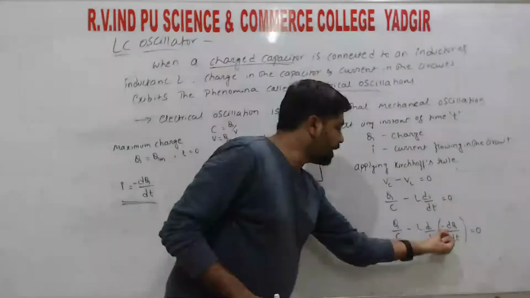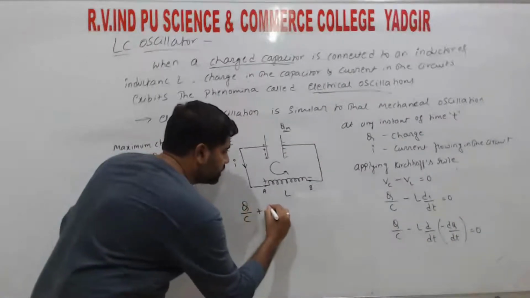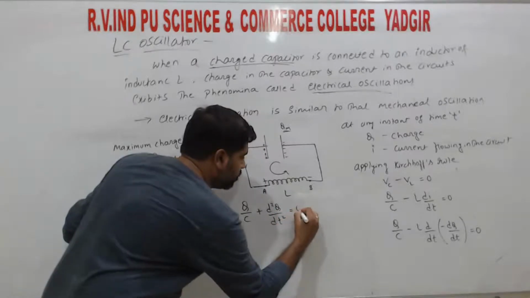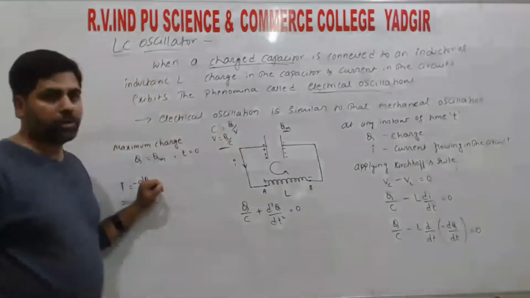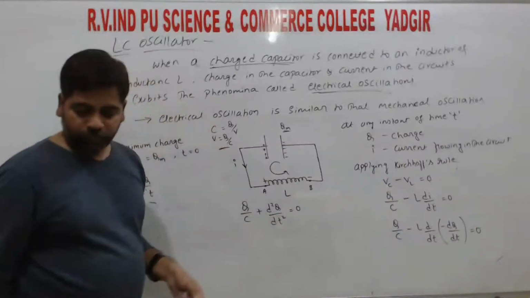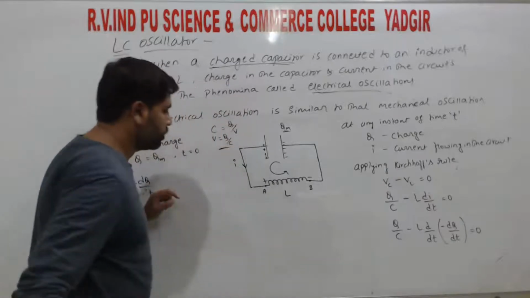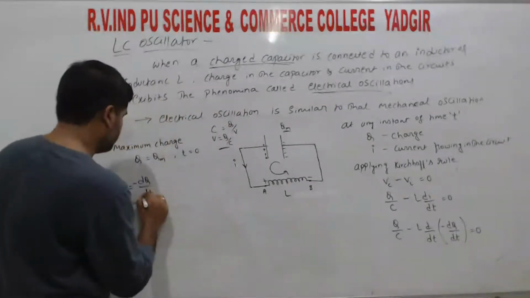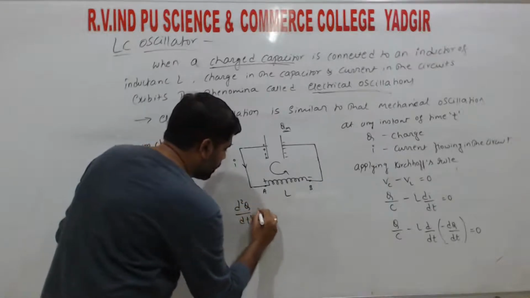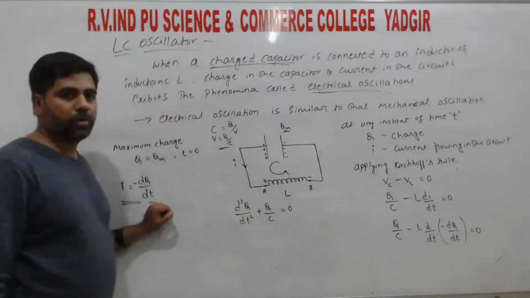If we take a minus outside, Q by C plus d square Q by dt square equals 0, right? So we rearrange and write d square Q by dt square plus Q by C equals 0, right?